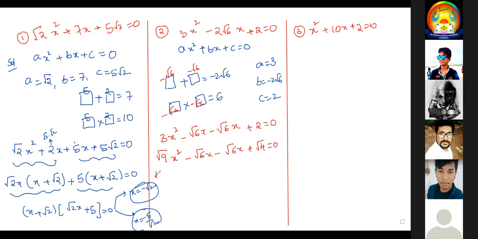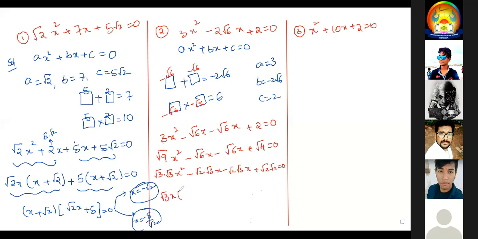Now this can be written as root 3 into root 3 into x square, root 2 into root 3 into x, root 2 into root 3 into x plus root 2 into root 2 equal to 0. So I'm writing everything in terms of square roots, then the problem will look very comfortable.